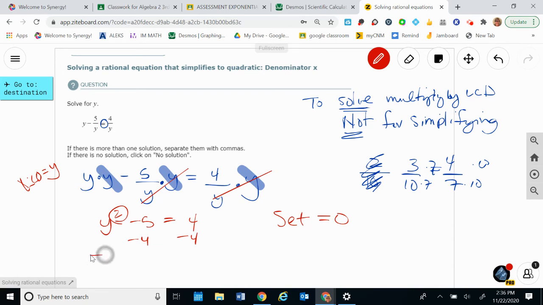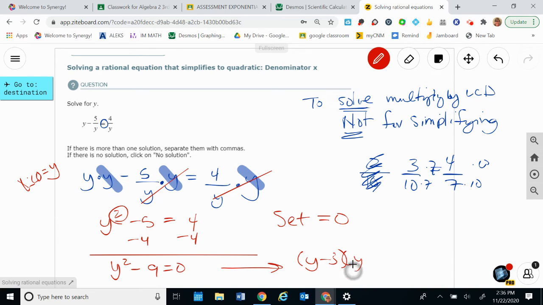Subtract 4, we get y squared minus 9 equals 0. That means we have a difference of two squares. So y is equal to 3 or negative 3. And that is the answer.